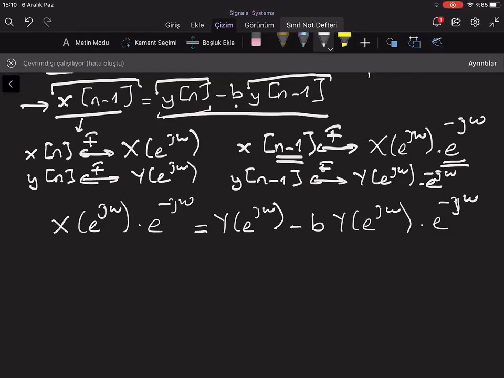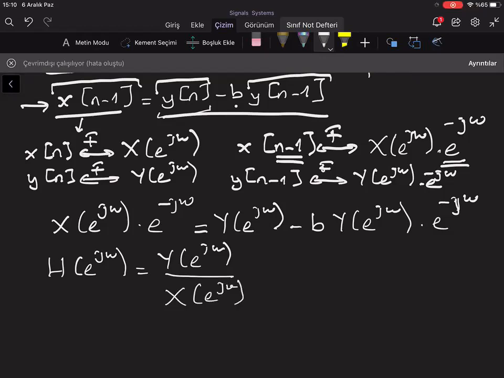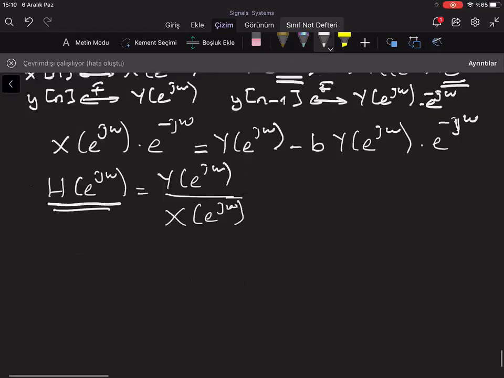Now I'm going to write the frequency response, which is H e to the j omega, which is Y e to the j omega divided by X e to the j omega. So I need to write H right now. How should I do it? Write Y on one side, X on one side, then arrange the numerators and denominators, and finally I will find the solution.